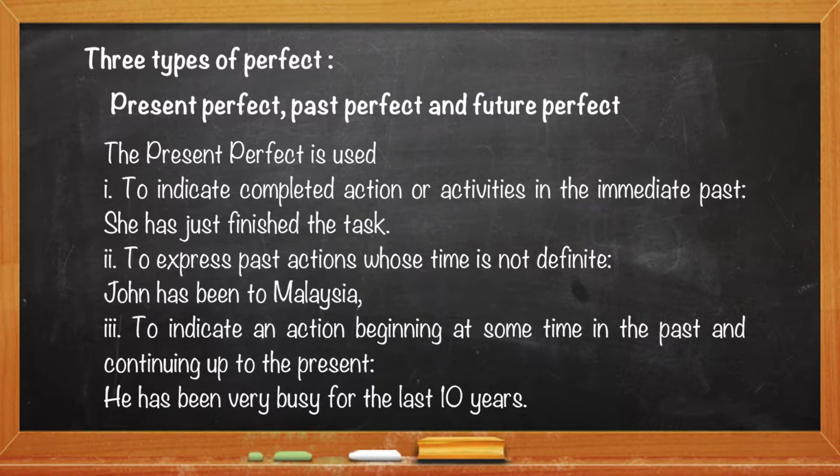This is important. He has been very busy for the last 10 years. That means he was busy 10 years ago and he is busy even now. So, it is continuous. So, it began at some time in the past and it is continuing up to the present.